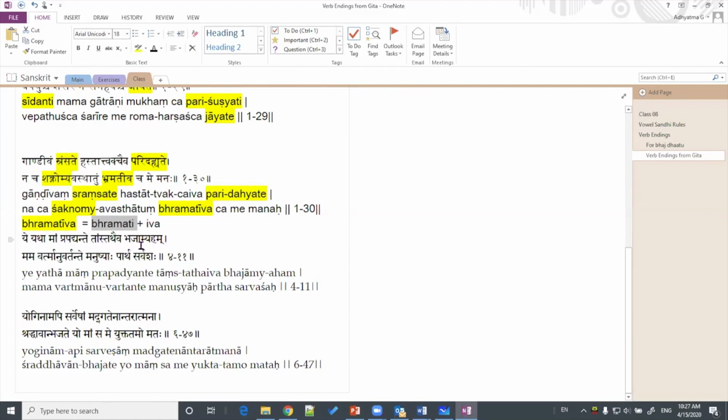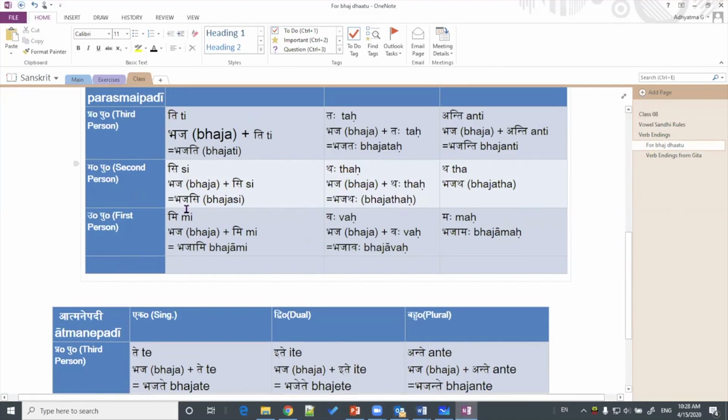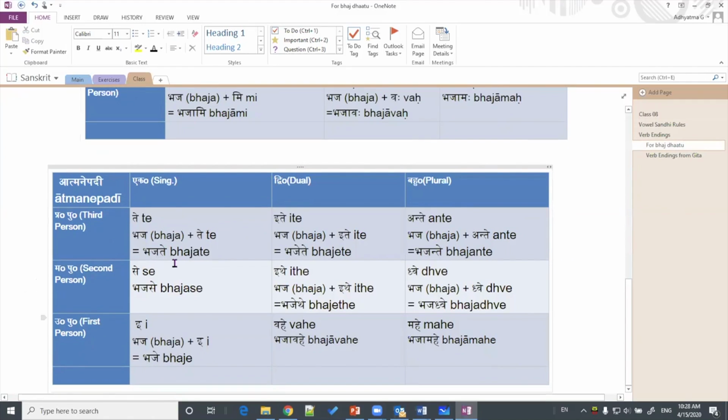Then I wanted to bring your attention here to bhajami and bhajate. In Gita, the same root which we discussed actually, bhaj. Bhajami is the first person singular of Parasmaipadi, and bhajate is actually Atmanepadi, third person singular.